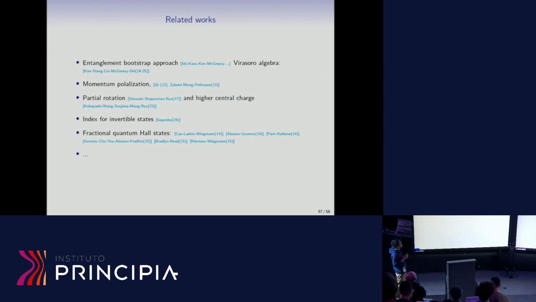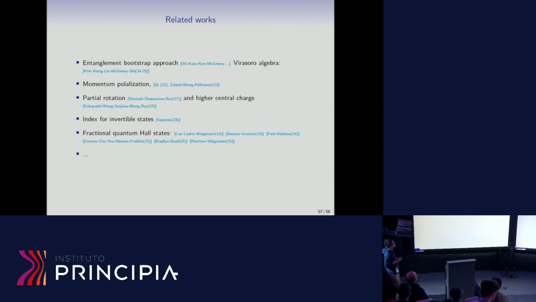Generalizing some of this along this line, I had a paper in which we can extract higher central charge using a similar idea as momentum polarization. We just call it partial rotation, but we can extract higher central charge using a slightly different scheme. And then there's the central charge as some sort of response in the fractional quantum Hall liquid.